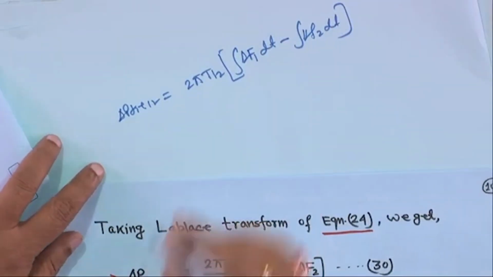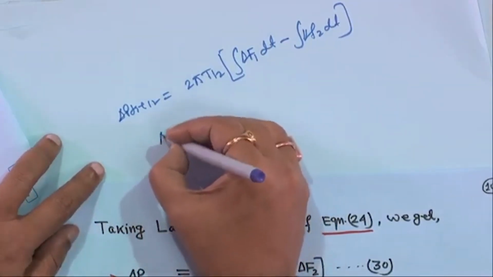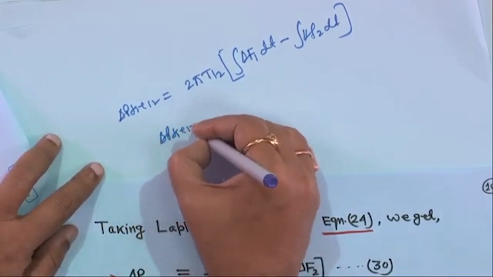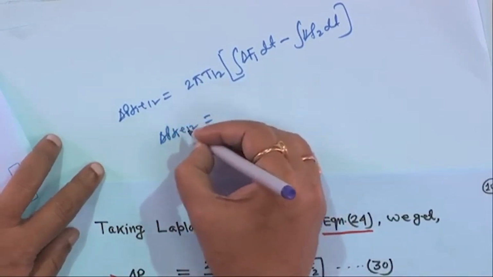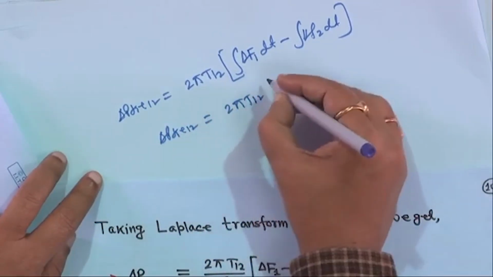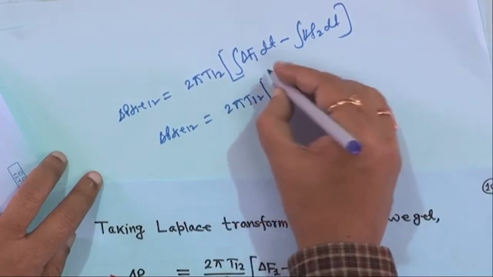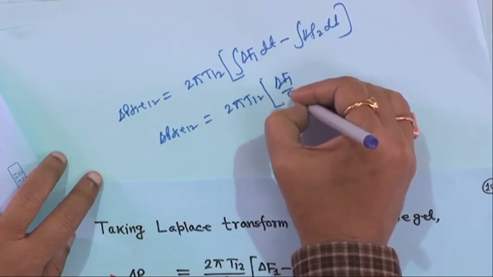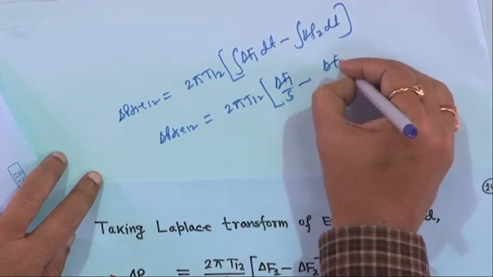So, if you take the Laplace transform, then it will be delta P tie 12 is equal to 2 pi T12, and the one in the bracket will be del F1 upon S minus del F2 upon S.